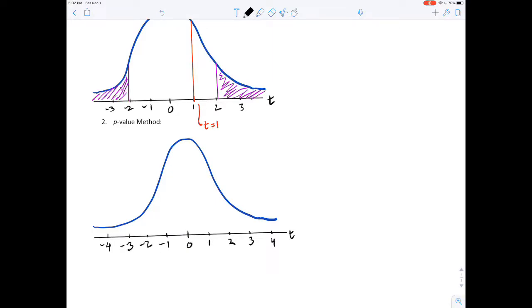And our test statistic was t = 1. And remember, we need to find the probability. We got a positive test stat, so we basically want to find the probability of this region, and then what we're going to do is double it to get the p-value. So 2 times the probability that t is greater than 1 is our p-value.